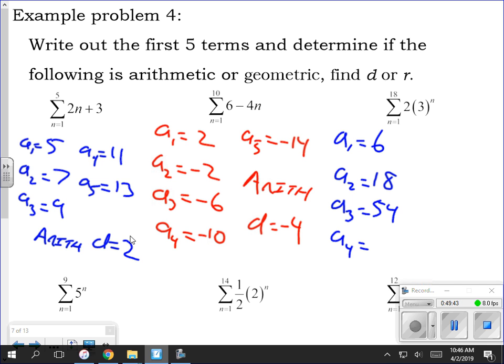Fourth term, a sub 4. 3 to the 4th power is 81. 81 times 2 is 162. And then the 5th term, a sub 5. 3 to the 5th, which is 243. 2 times 243 is 486.